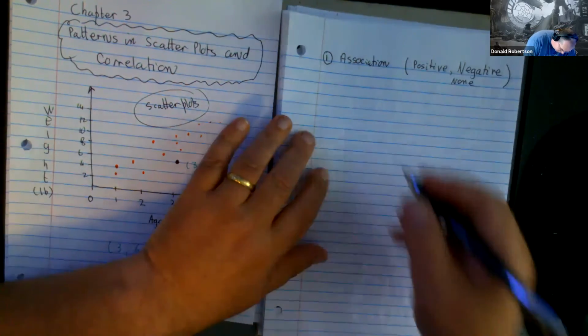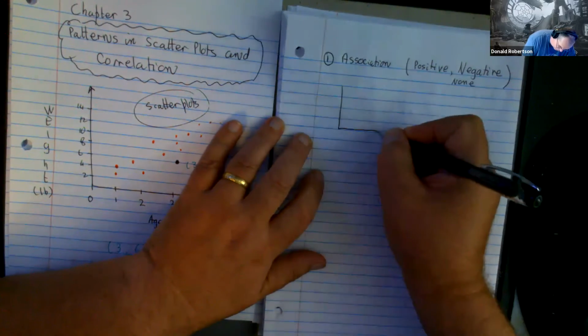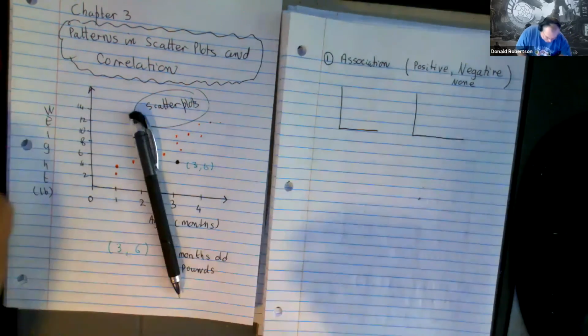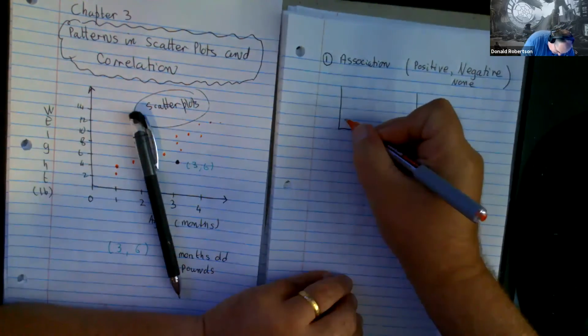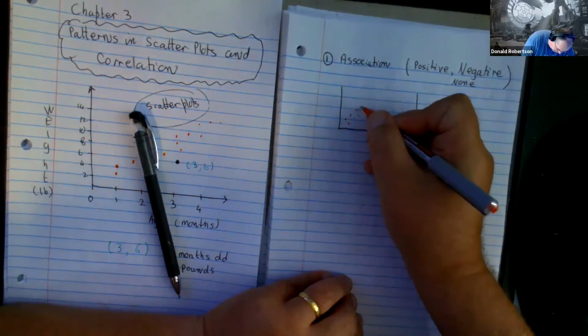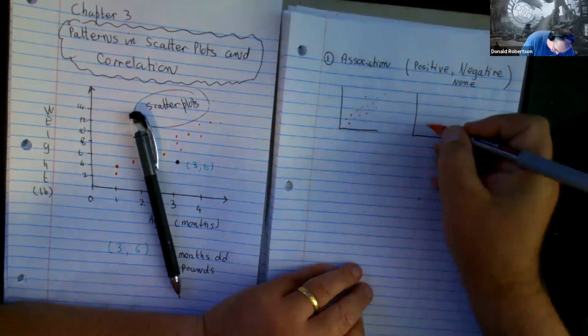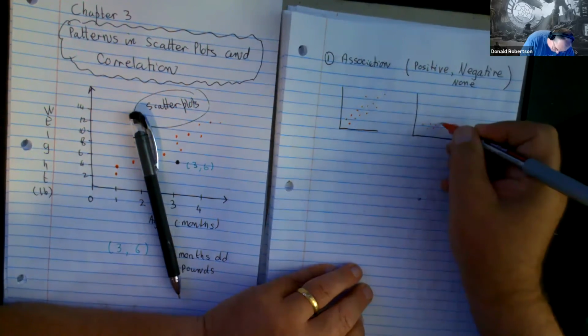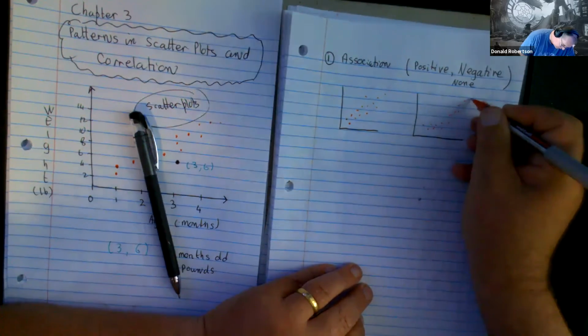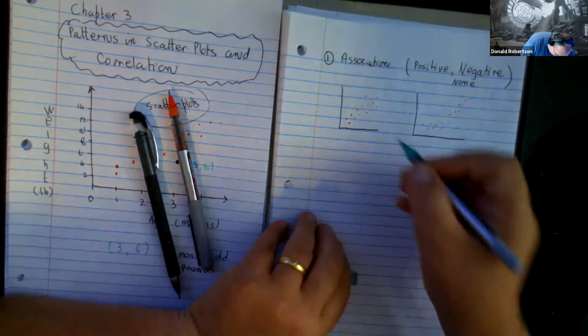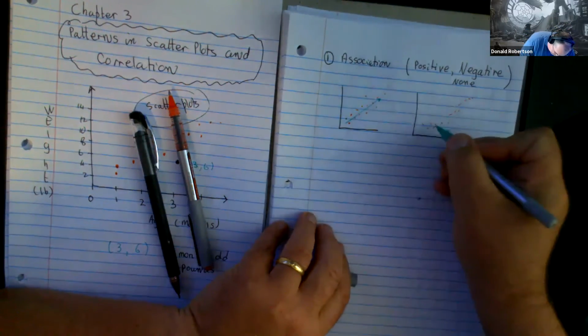Now let's show you little baby versions of positive associations. If you have a scatter plot like these guys, the one thing that they both share in common is, for want of a better word, aren't they both going uphill?